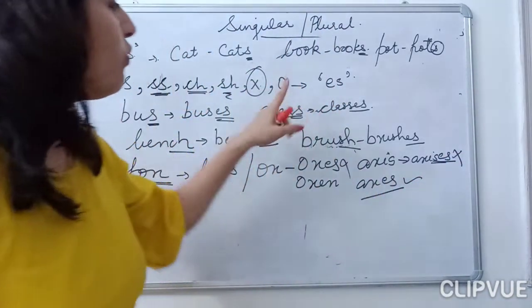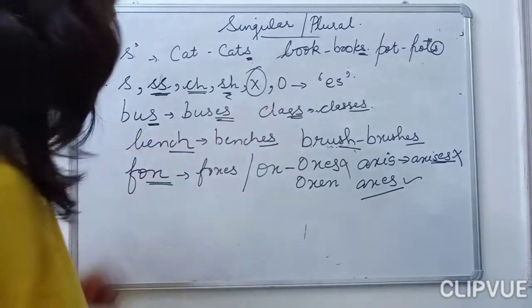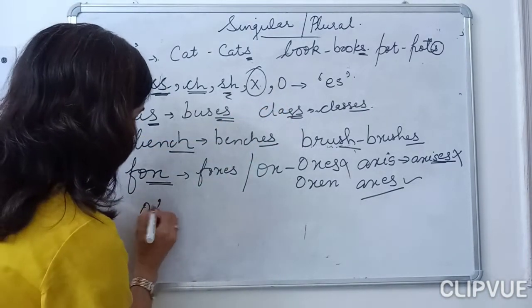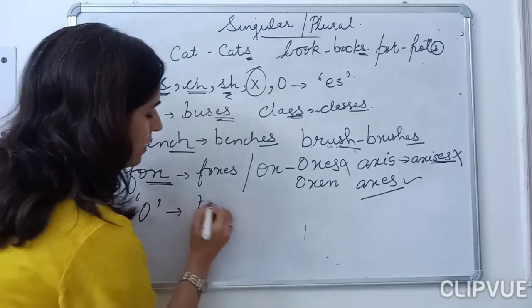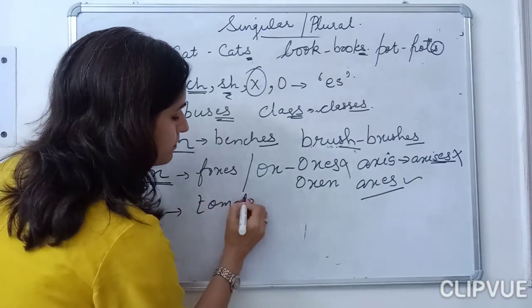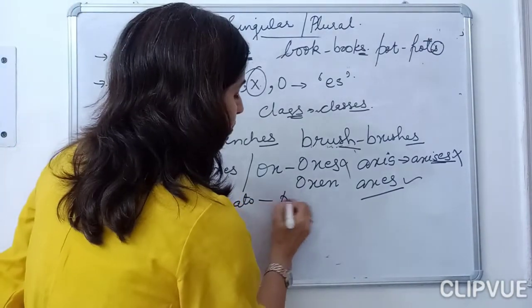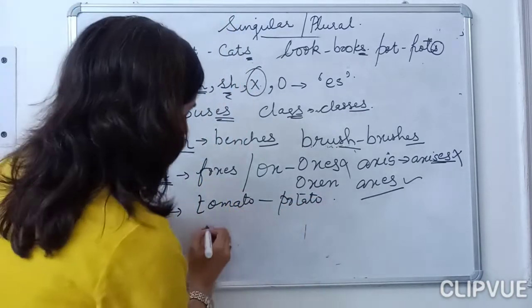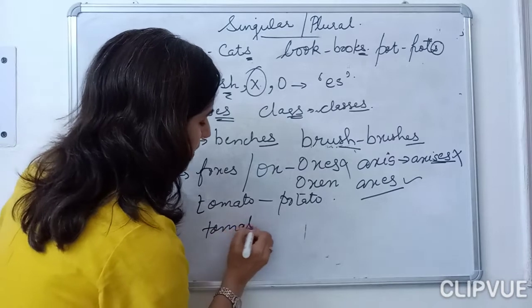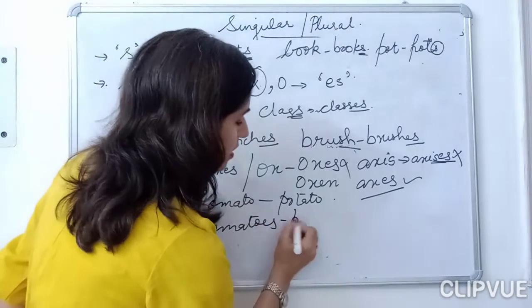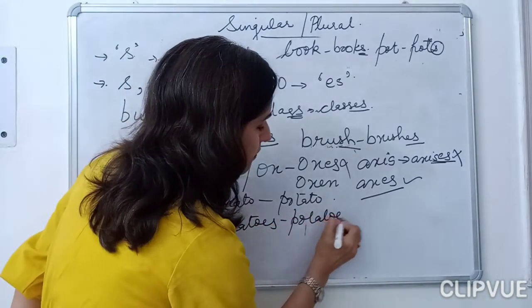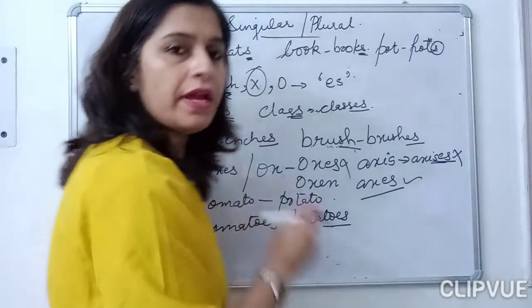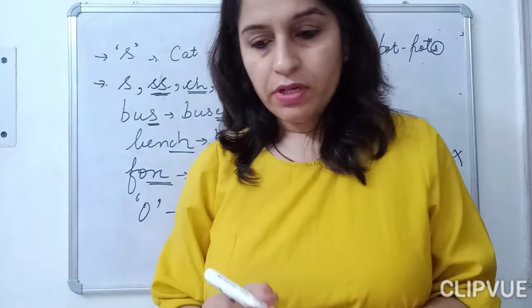Let's move on to our other letter, O. Suppose I take tomato, potato. So what will it be, children? It will be tomatoes, potatoes. In this way I will change these words.